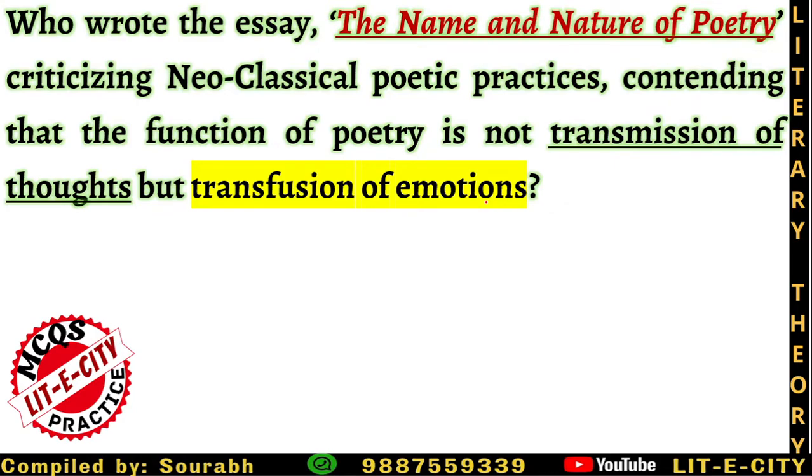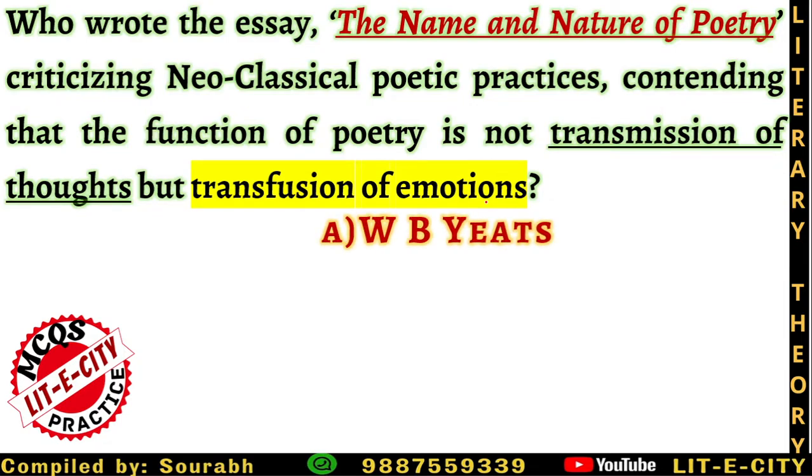While the neoclassicals were more keen to present thoughts, transmission of thoughts in a very logical, rational manner, the romantics were more prone to present their emotional states, their rage, their admiration, their love, everything in excess without paying any consideration to rationality. So the poet who criticizes the neoclassical dictum of poetry and favors the transfusion of emotions.